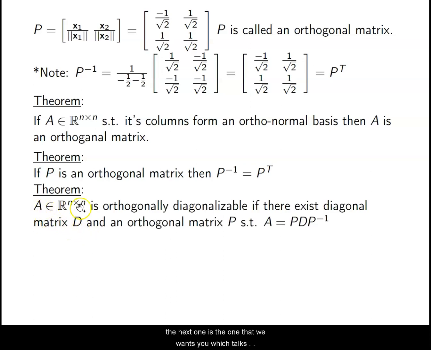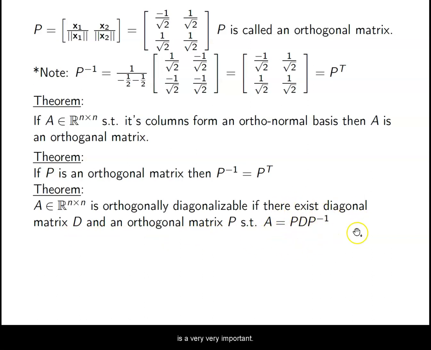The next one is the one that we want to use, which talks about diagonalizing symmetric matrices. We've talked about diagonalizing matrices before, okay? Now we want to talk about if a matrix is square, then you can diagonalize it orthogonally if there exists a diagonal matrix D and an orthogonal matrix P such that A equals PDP inverse, okay?